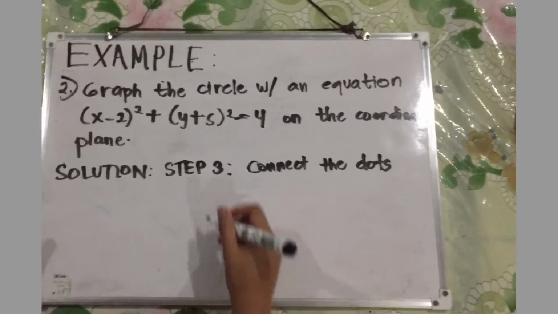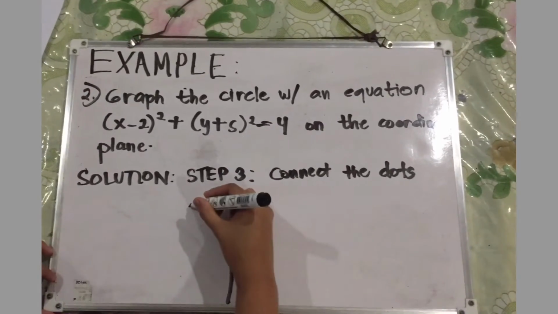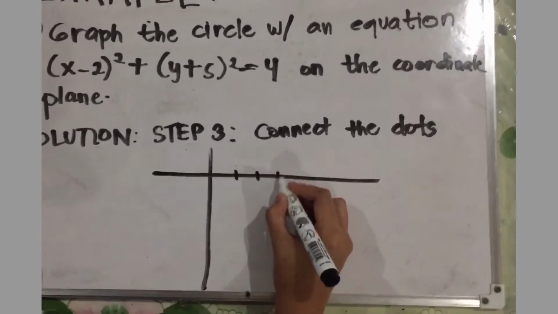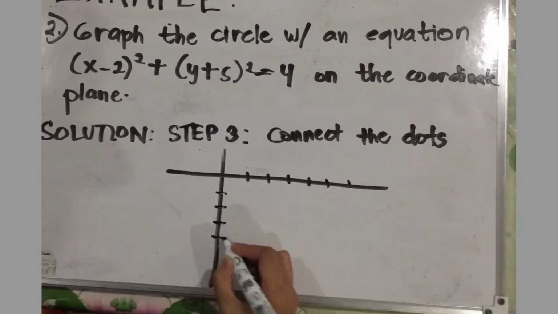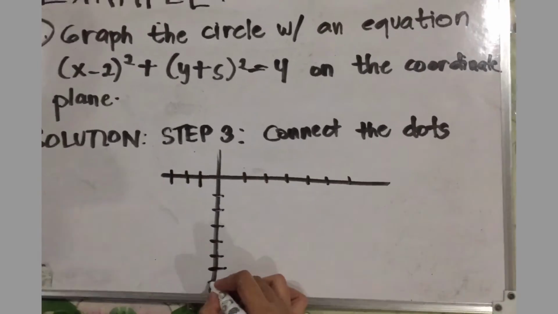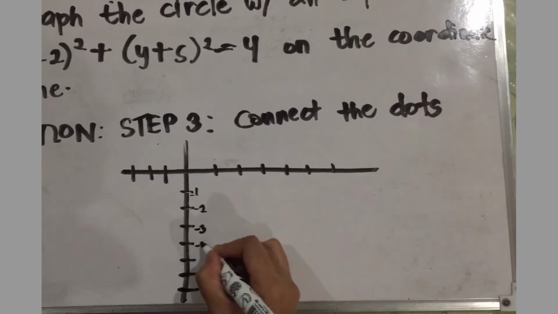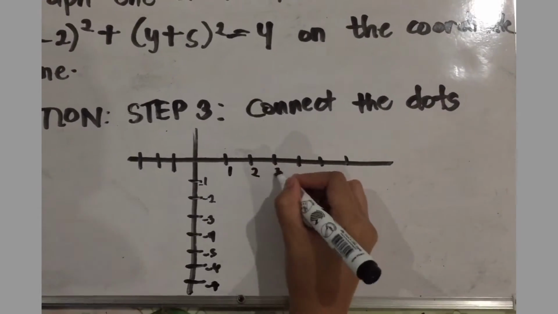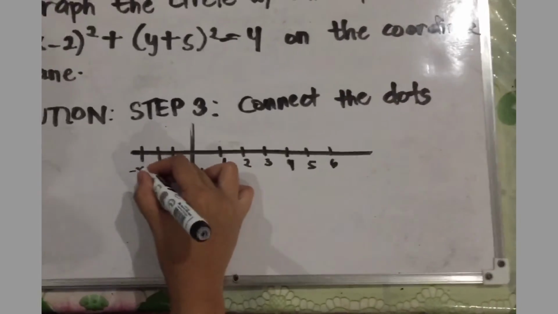So to graph the circle, we have to draw a coordinate plane. 1, 2, 3, 4, 5, 6 on each axis, and negative 1, negative 2, negative 3, and so on.